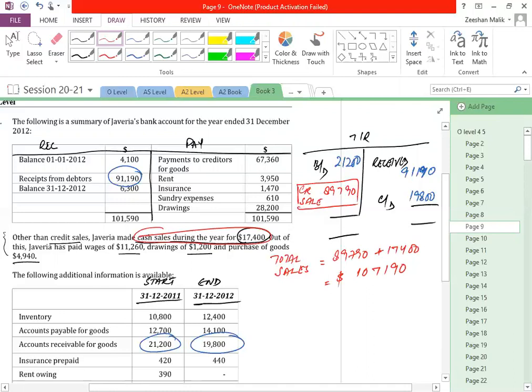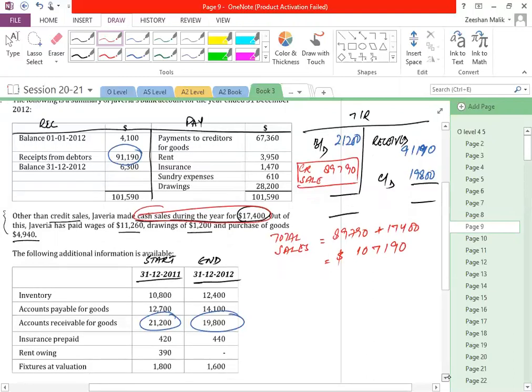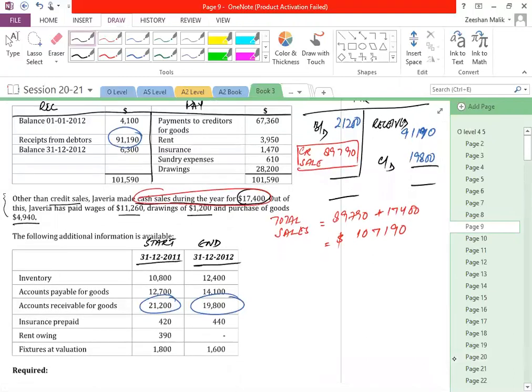Please verify quickly. It's a very interesting concept. Use different accounts to calculate your missing figures, which will be helpful for making financial statements, income statement, statement of financial position. Agreed, everybody?